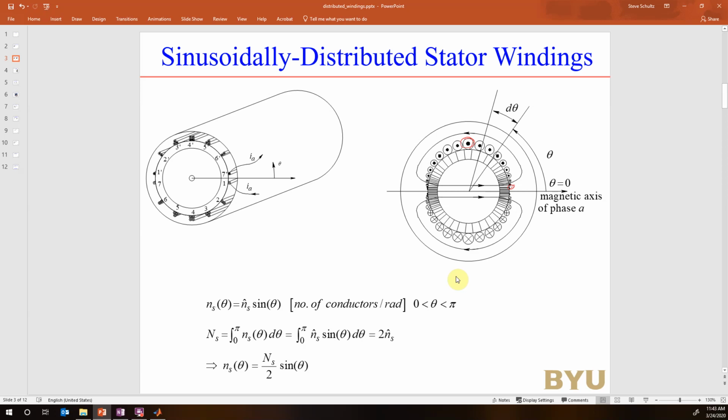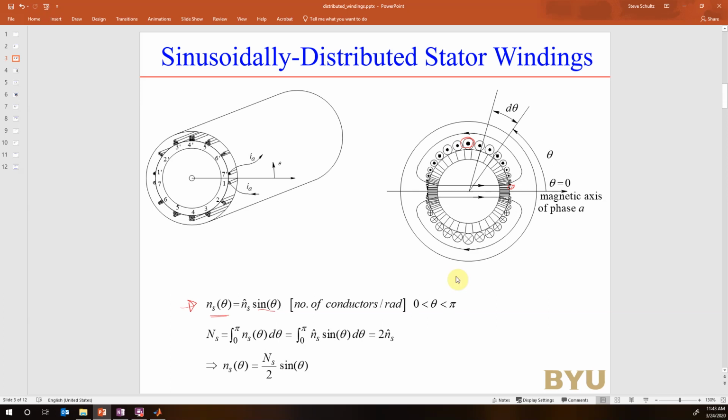This is our basic equation, where we have enough windings that we treat it as if it were a continuously varying number of windings, even though in reality it has to be discrete. The number of windings changes with our angle by the sine of the angle. So when we're at 90 degrees, we have the largest number of wrappings, and when we're at 0, we have the least.